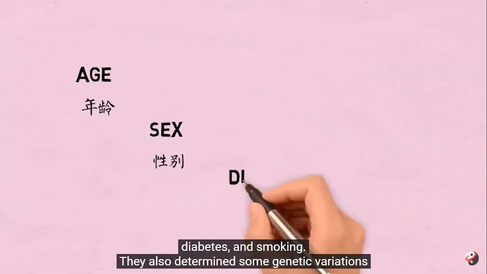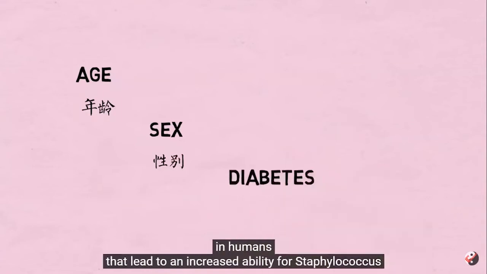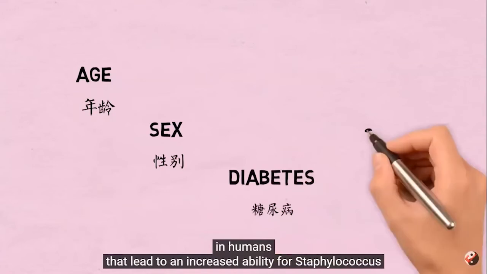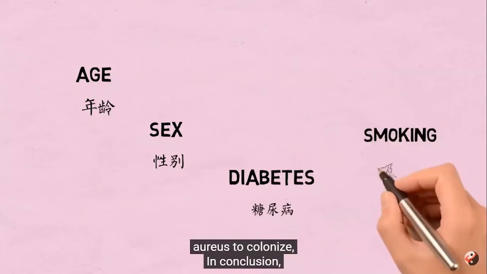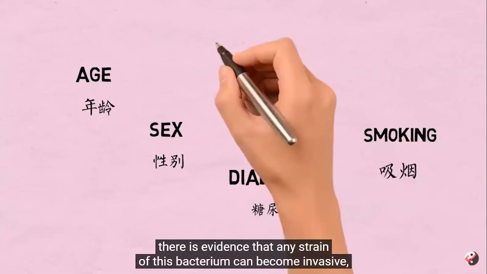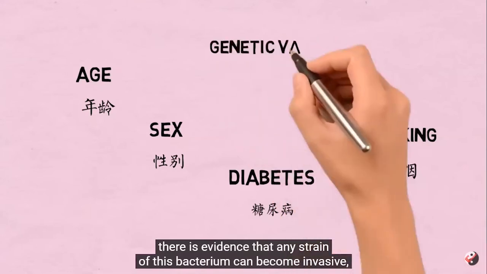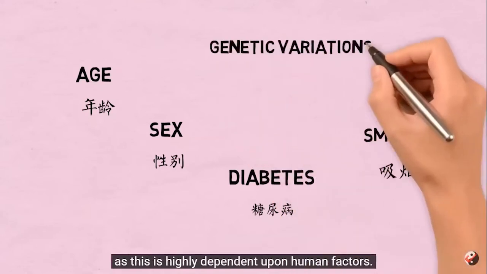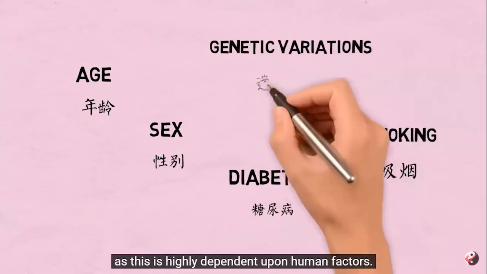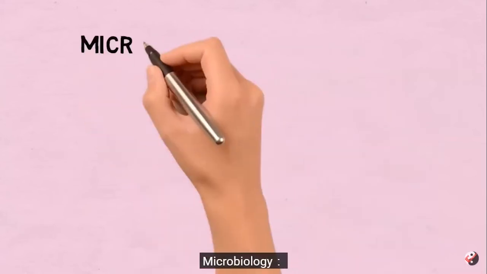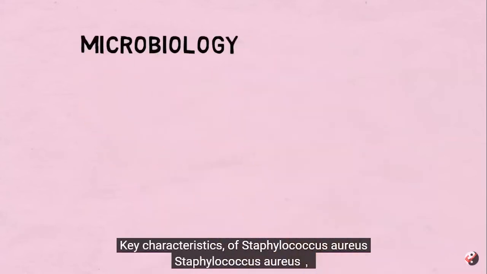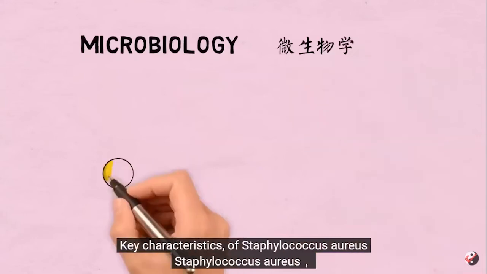According to a 1995 study by Hoffman et al., these factors may include age, sex, diabetes, and smoking. They also found some genetic variations in humans that lead to an increased ability for Staphylococcus aureus to colonize. In conclusion, there is evidence that any strain of this bacterium can become invasive, as this is highly dependent upon human factors.